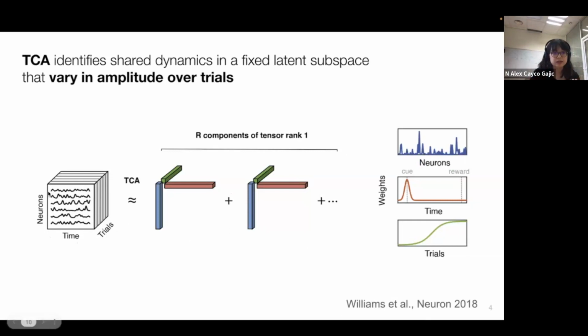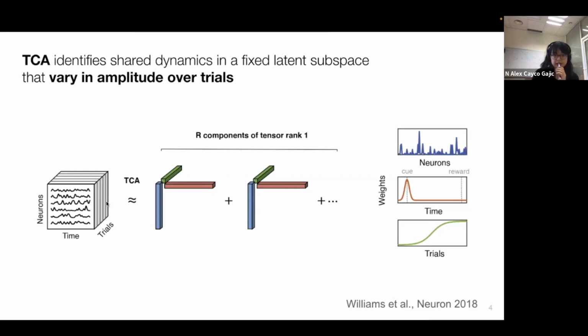So this is now a 3 tensor: neurons by time by trials. Just to get this out of the way, of course, you may have to do some kind of time warping of your data if the trials aren't all the same length. For the rest of the talk, we're going to assume that you've already warped your data, or it just fits in a tensor.